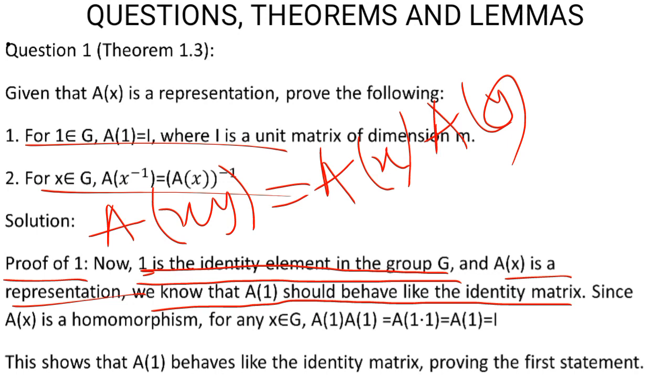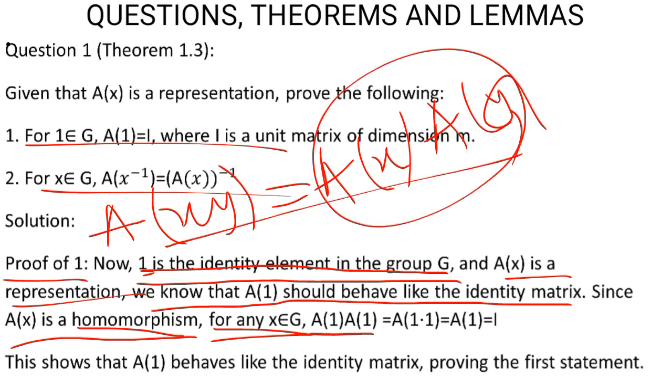Okay, so since AX is a homomorphism, because it's a matrix representation, right? So for any X in G, this relationship will be satisfied because it satisfies homomorphism, right? Basically this. So we know this side, which is what we've written here, wherever there's X and Y, we've replaced it with 1. Okay, but then this is the same as this, right?